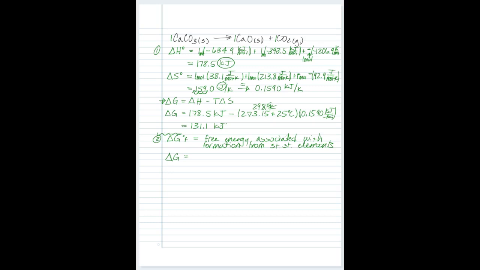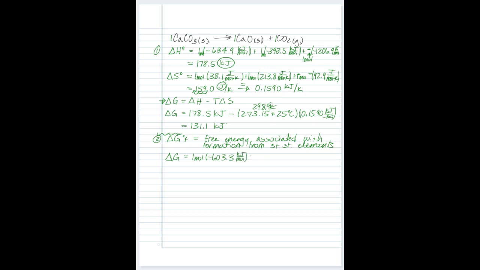So I'm going to take the delta G value for calcium oxide and multiply it by 1 mole because that's how much I have, which is negative 603.3. These are reported in kilojoules per mole.